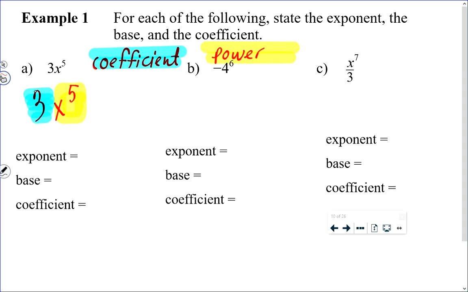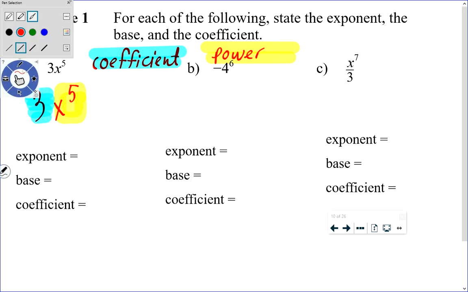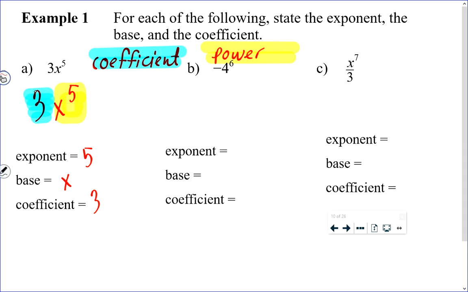So the entire thing is an exponential expression. It consists of a coefficient multiplied by a power. The power has a base and an exponent, and the base of that power I've highlighted in yellow is x, and the exponent is 5. The coefficient is the number we're multiplying the power by.